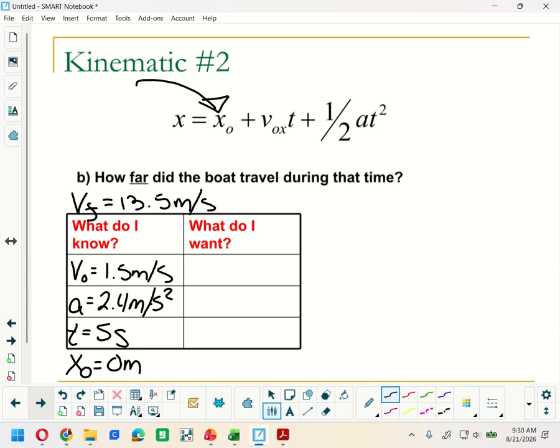Now, what do I want to find? Read through it. What is it I'm looking for? The distance, which is going to be my final position. Very good. What's another word? What's the variable I'm using for that? Displacement. Very good. My displacement, my final position, where I'm ending up. Now, what symbols do I use for displacement?